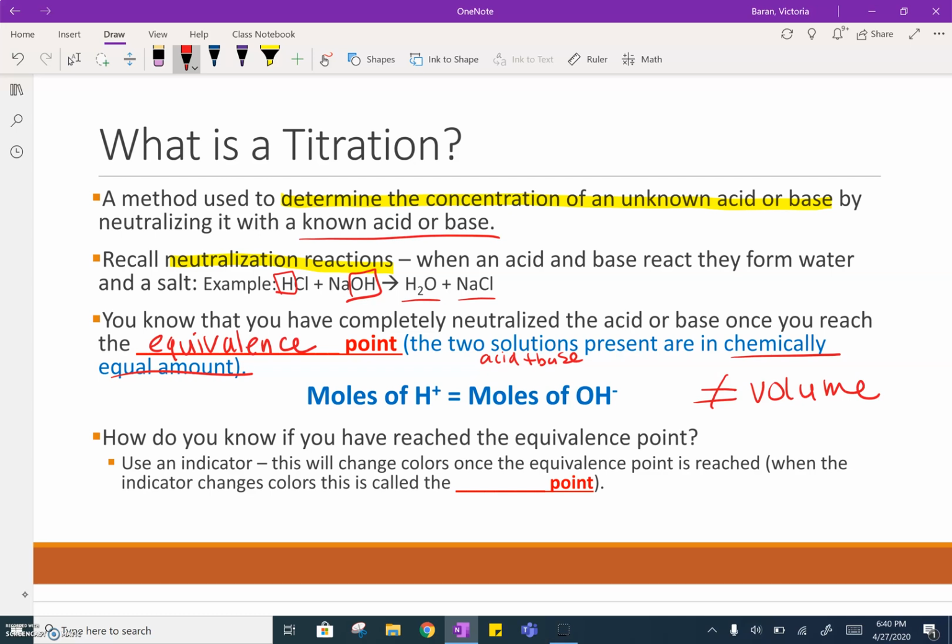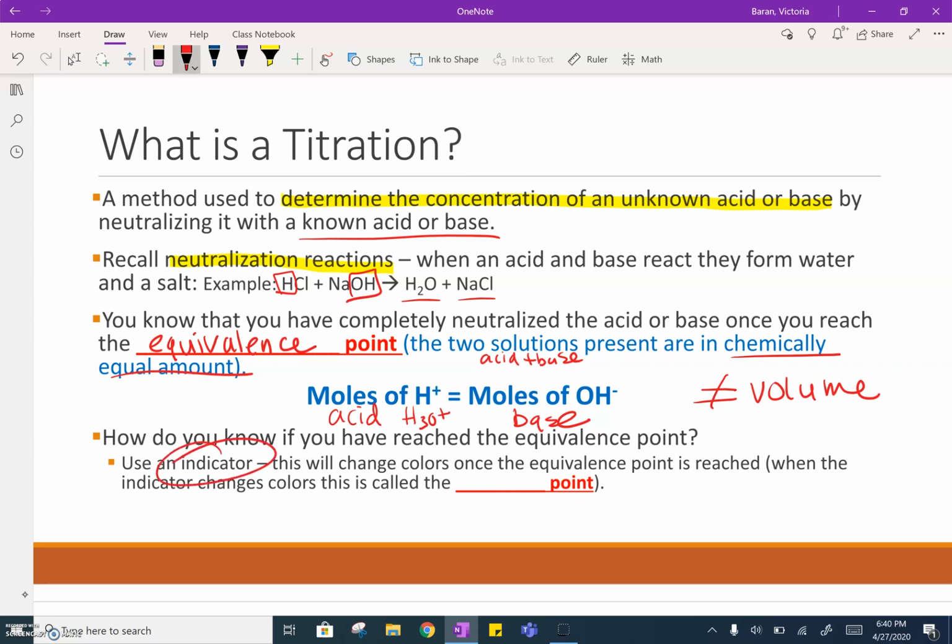So that means that you have the same number of moles of the acid, which is those hydronium ions, and the same number of moles of the base, which would be those hydroxide ions. And chemically, they'd be canceling each other out, because the concentration of the unknown and the known can be different from each other.